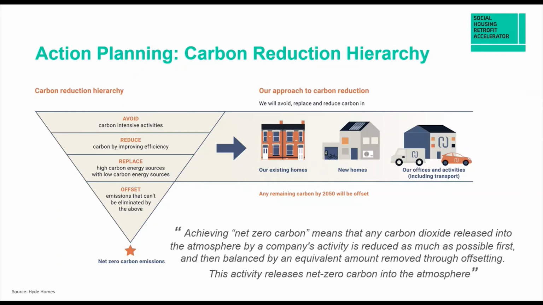So the first step is avoiding adding emissions, then reducing them at source. Finally, perhaps replacing the heat source from gas to electricity or something that is less carbon intensive, and finally offsetting those emissions that are unavoidable. And this looks like a good practice in terms of using the hierarchy.